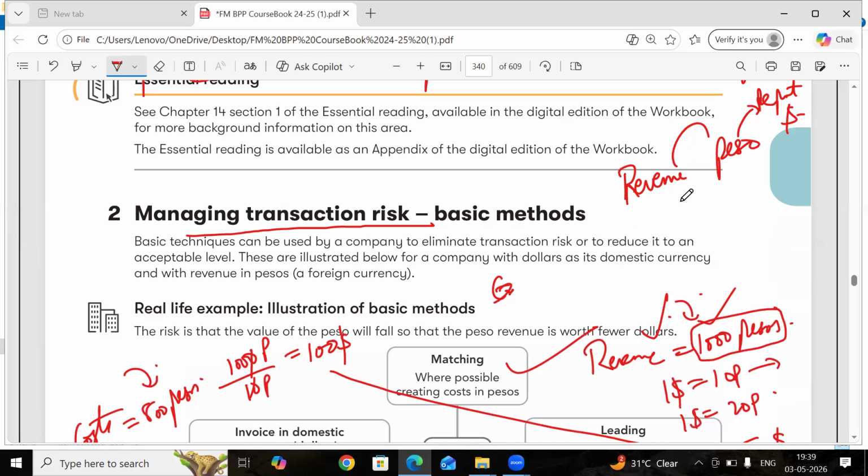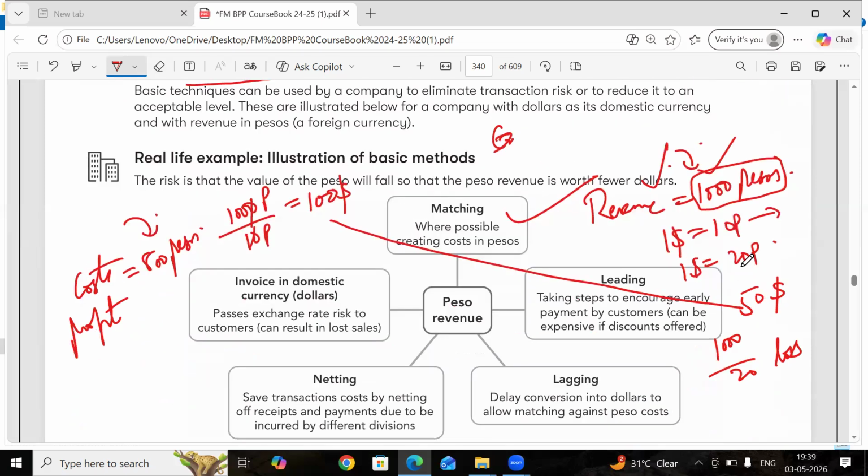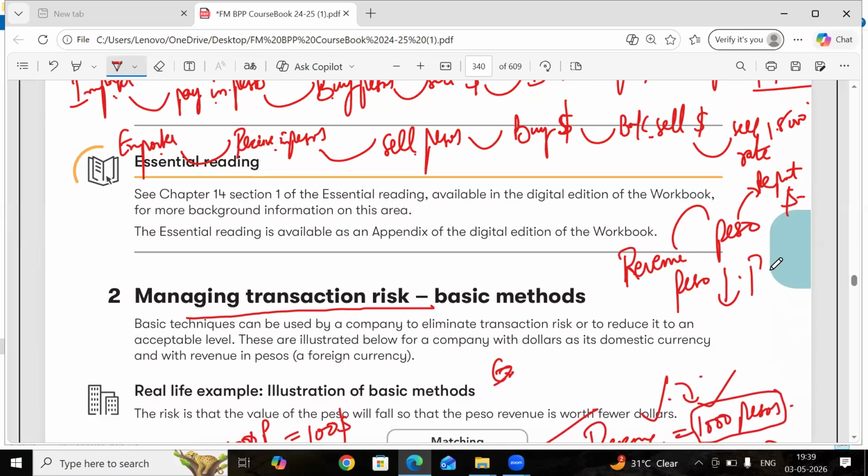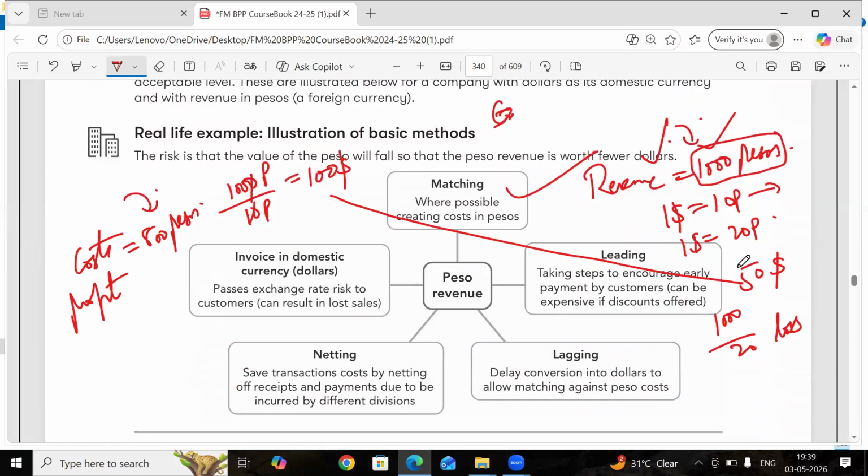Yes, if the peso falls, that means from 10 pesos it has become 20 pesos. You're paying an extra 10 pesos for $1. So when the peso falls, revenue falls. And your dollars become less. Previously, you were supposed to get how many dollars? $100. Now you're getting how much? $50. So this is a loss.